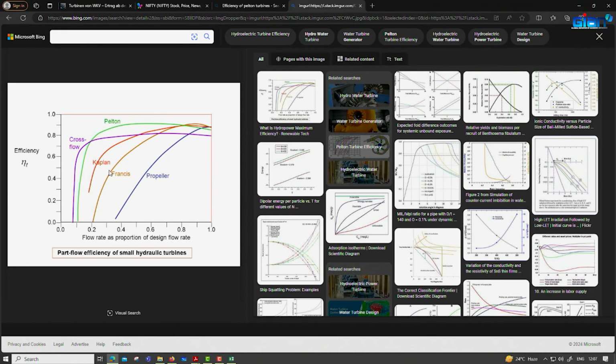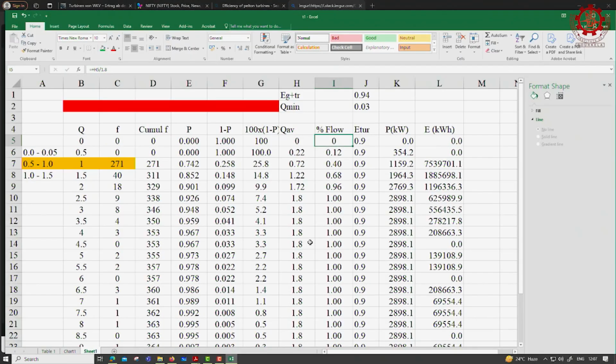But if we had selected the Francis turbine, which is also possible as per that turbine selection chart, in that case what you say is very correct. When it is 0.4, then efficiency is 0.6 only.